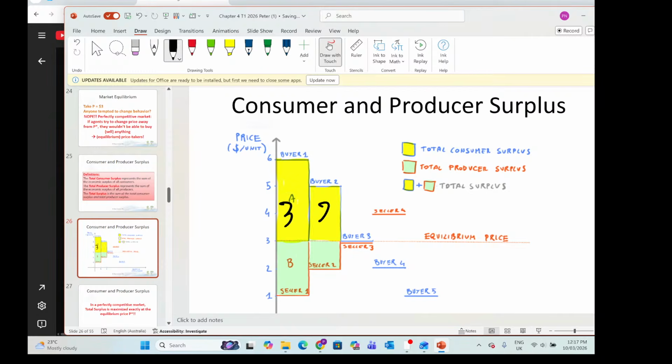Our second had a surplus of 2. So that combined area looks kind of like this. And we shade all that in. Right, that equals our consumer surplus.